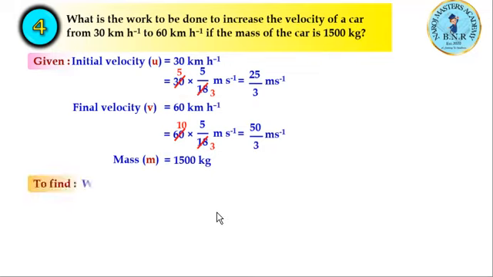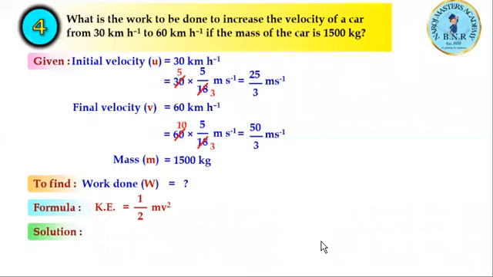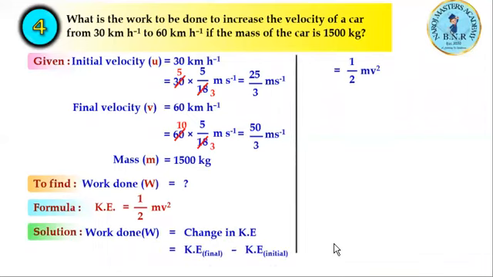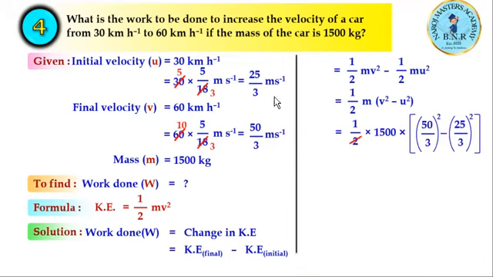You know very well, work done is equal to change in kinetic energy. Kinetic energy is half mv square minus half mu square. Okay. Then final velocity is how much? 50 by 3 minus initial velocity 25 by 3. So here what we can do, how many times is it? 750 times. So simply write 750 into 2,500 by 9.